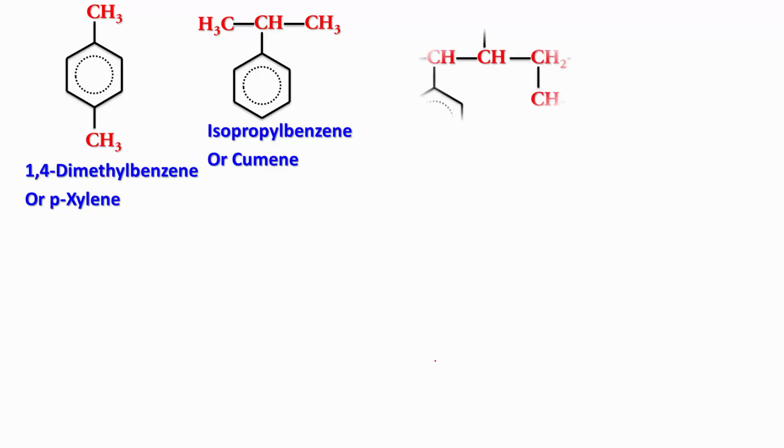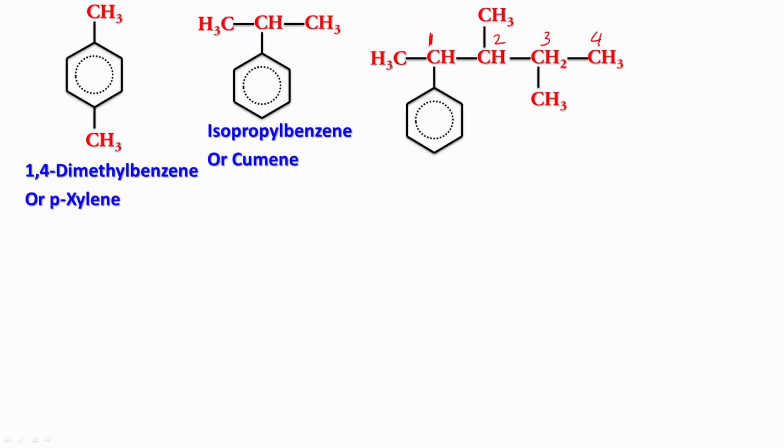Try naming this one. So how would you number this? That's the key here. How would you number this? Now, what you need to understand here is that this carbon gets position number 1. And this carbon gets position number 2, 3, 4.